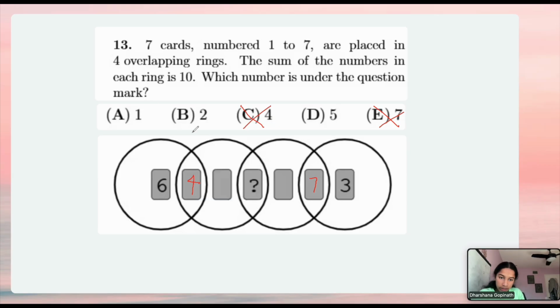But the only numbers we have left are 1, 2, and 5. So if we put a 5 here, then they just need to add 1 to get 10. And this one, if you add a 2, then you just add 1 to get 10. So that means the number that's supposed to be in here is 1. So the answer is option A.